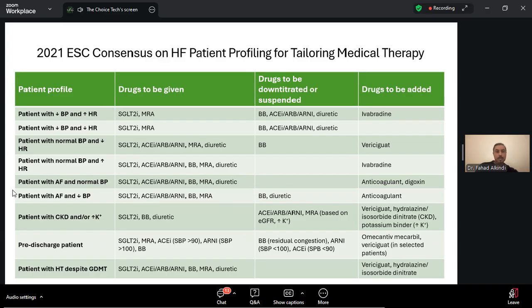If we look at our patient, he has blood pressure which is slightly on the lower side, but the heart rate was still above 70. It was 80. So according to this table, this patient should get his heart rate controlled, and ivabradine is the best option here since his blood pressure is on the lower side.